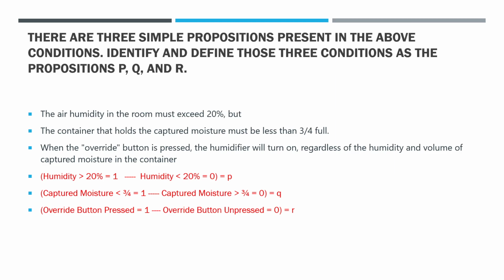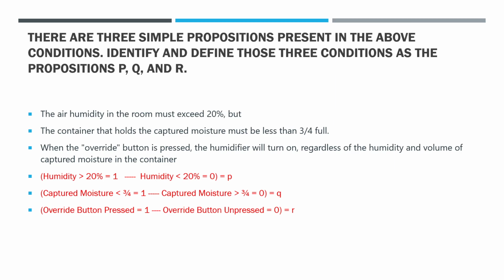For the first question, we need to follow the three simple propositions displayed below, and identify and define the three conditions as the propositions P, Q, and R. For P, humidity greater than 20% equals 1, and humidity less than 20% equals 0.